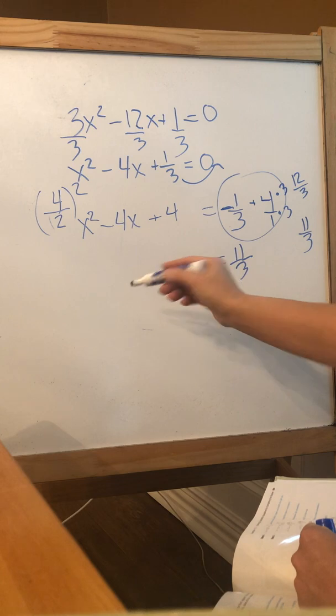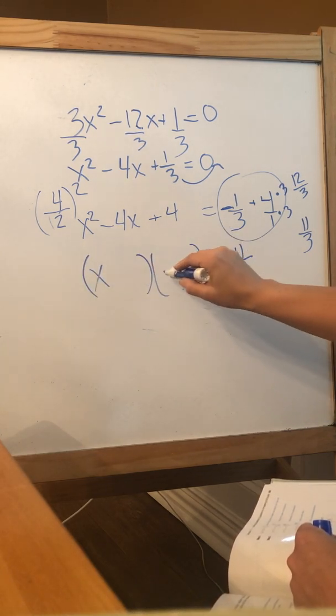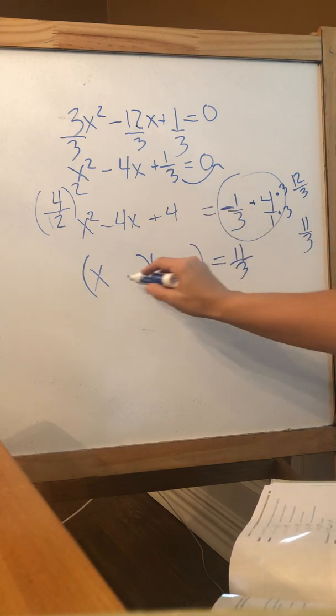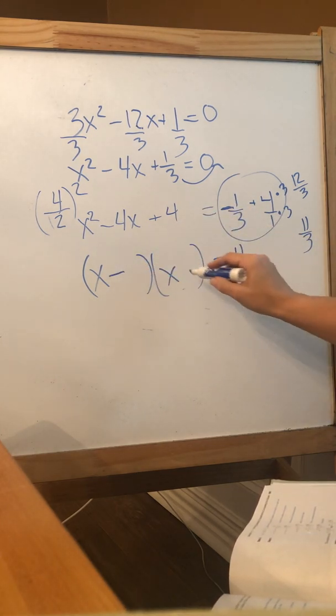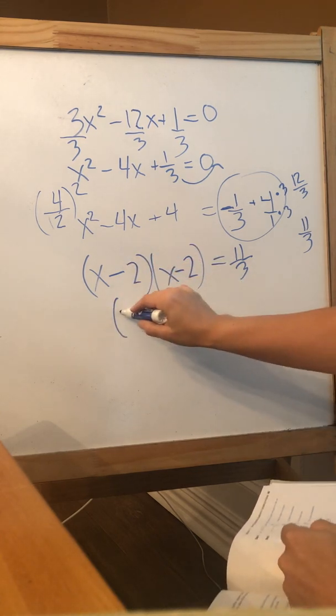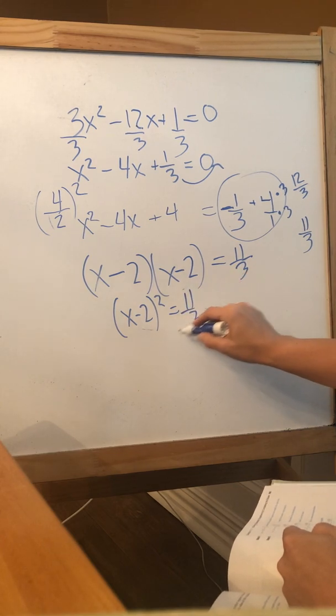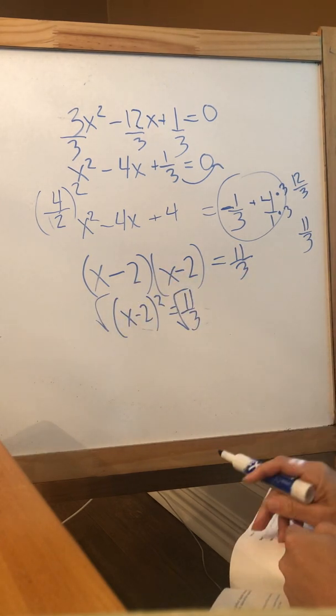Okay, and we're going to factor. Bring down your x. All right, and we can tell by looking that they're both negative and it's both going to be 2's. So we're going to have x minus 2 squared equals 11 over 3. Take the square root of both sides.